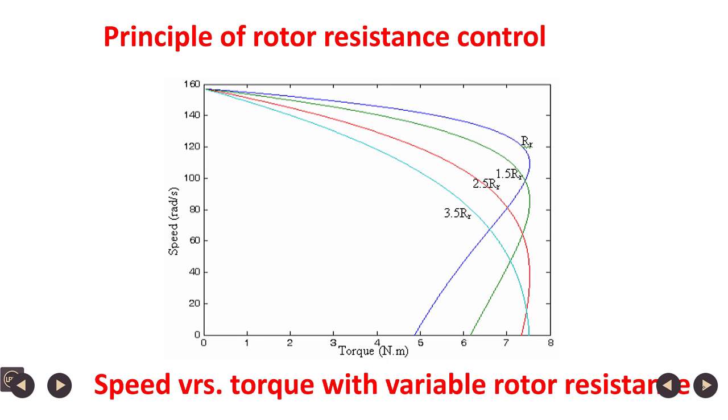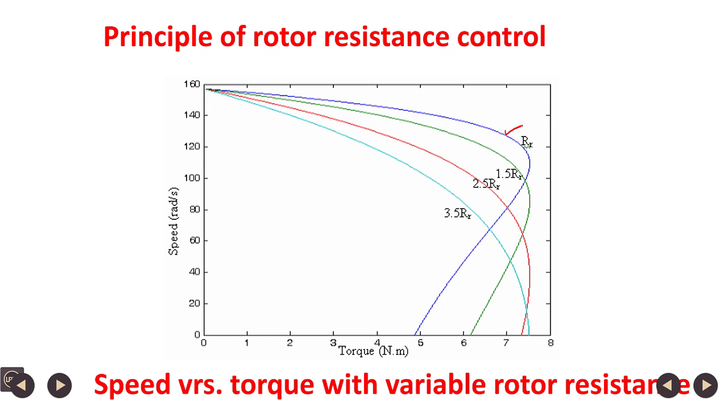The principle is based on the induction motor speed versus torque characteristics with variable resistance. This graph shows the induction motor speed versus torque for different rotor resistances. The blue line shows the speed versus torque for rotor resistance equal to nominal rotor resistance RR.